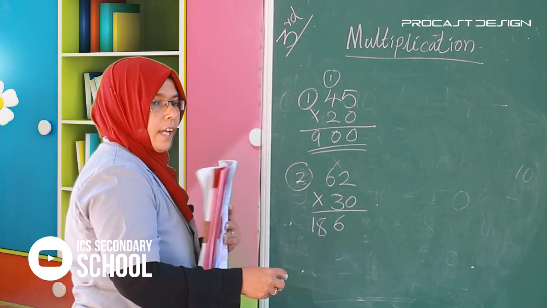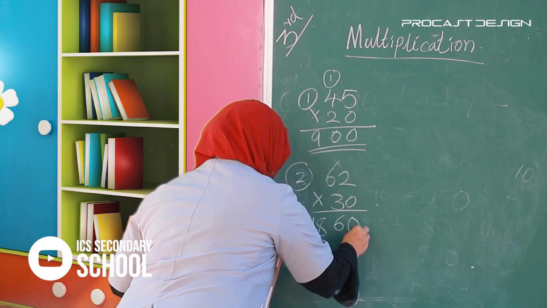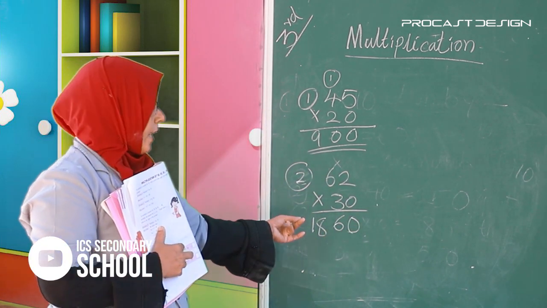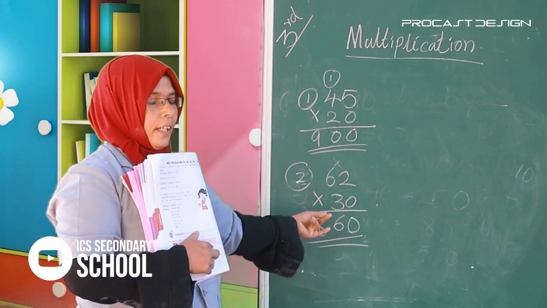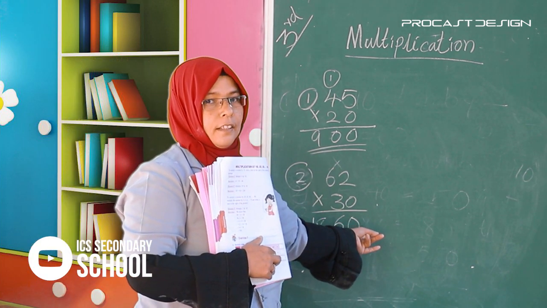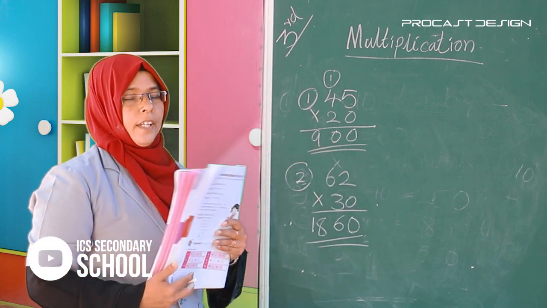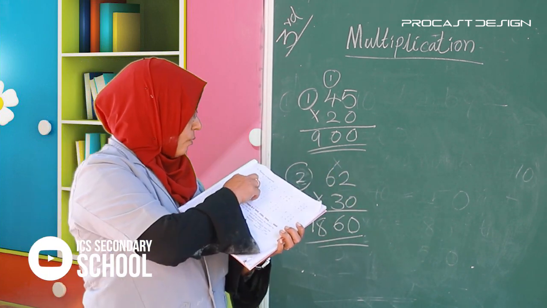We write 0 on the right side of 186. The answer is 1860. Okay.